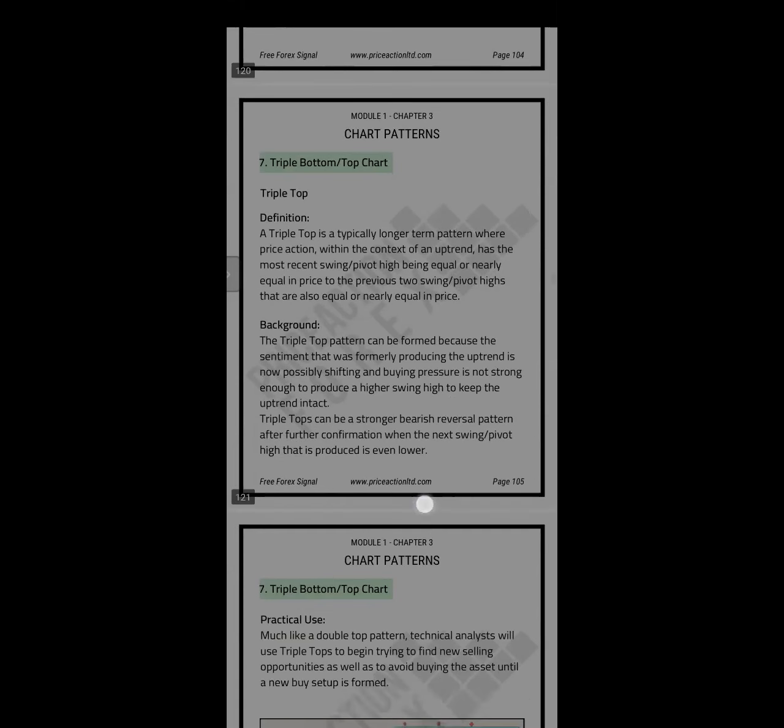Much like a double top pattern, technical analysts will use the triple top to begin trying to find new selling opportunities, as well as to avoid buying the asset until a new buy setup is formed. So when you see a triple top forming, it means you should start looking for a selling opportunity, and avoid buying any of those assets until a new buying opportunity is formed.